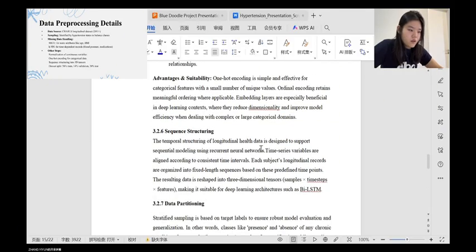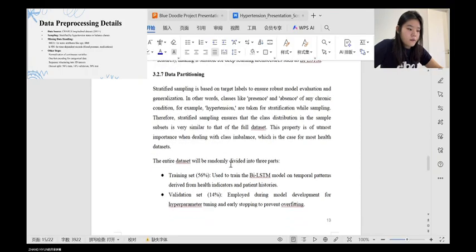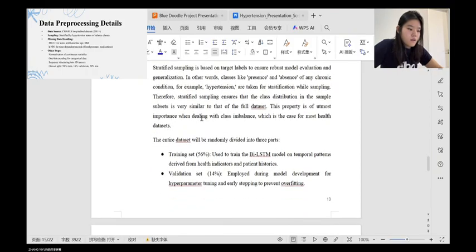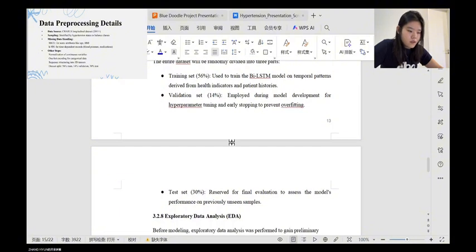And then sequence structure and data partitioning. The entire dataset will be randomly divided into 3 parts: training set, validation set, and test set.